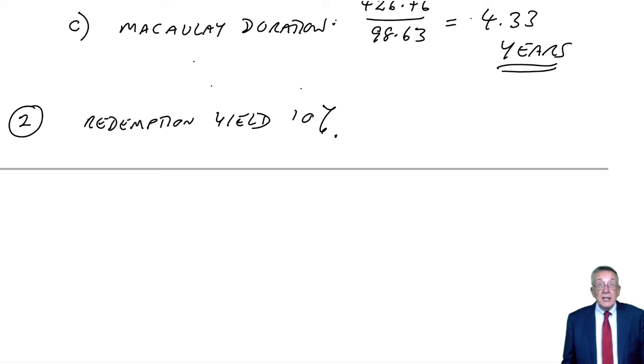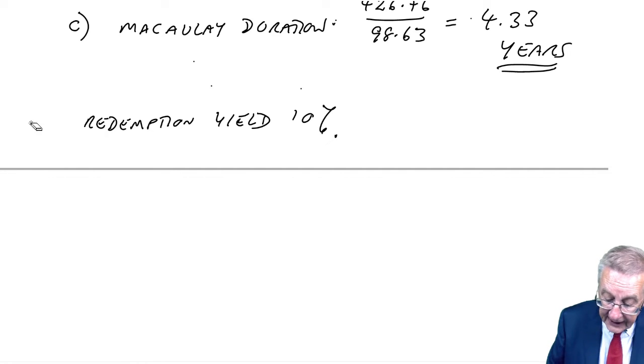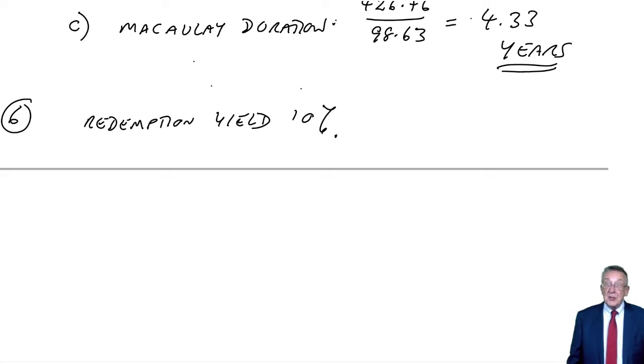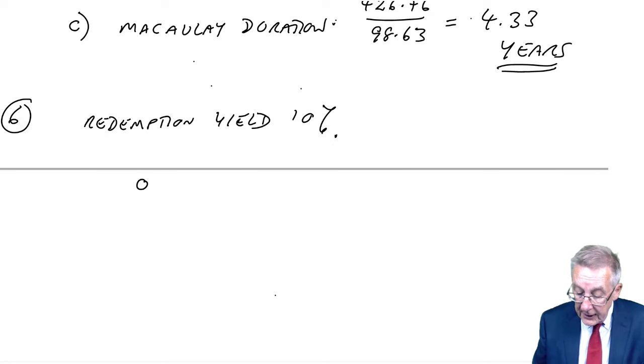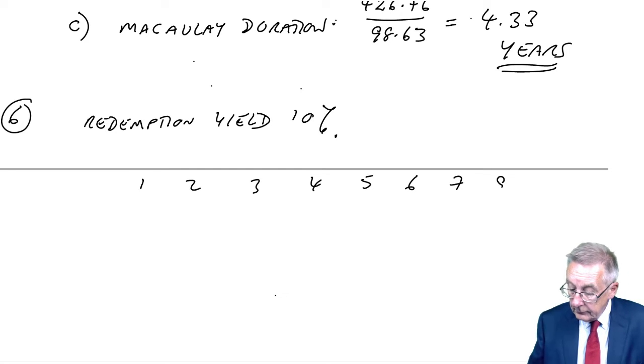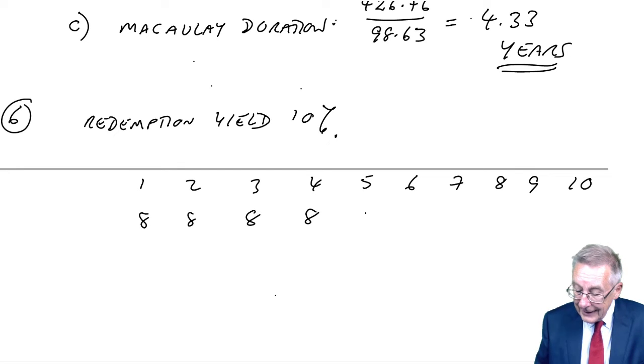And for the Macaulay duration, we do exactly the same as we did in the previous example. Sorry, I'm doing example 6, but we're using the figures from example 2. We'll set up the receipts, and here there are 10 years. There's $8 a year interest, and then the redemption.